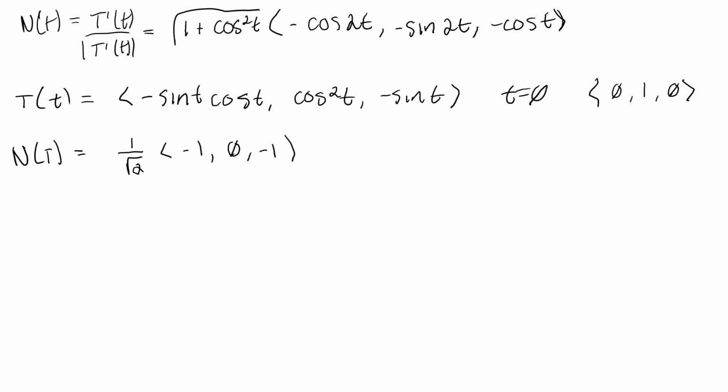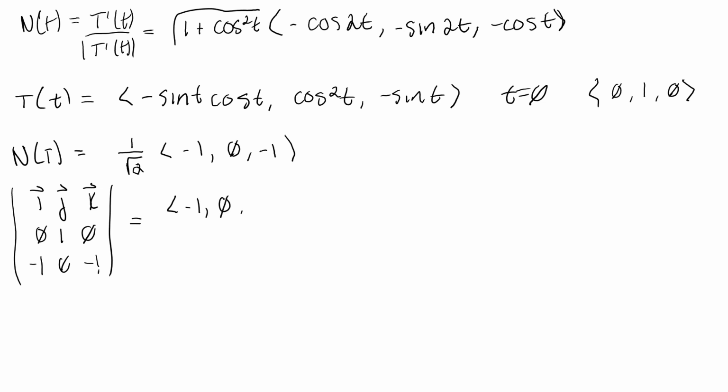We can cross this to get B, which is our binormal, which will give us our osculating plane. So we have 0, 1, 0 crossed with 1, 0, negative 1. Doing the cross product, we end up getting negative 1, 0, 1 times 1 over the square root of 2.